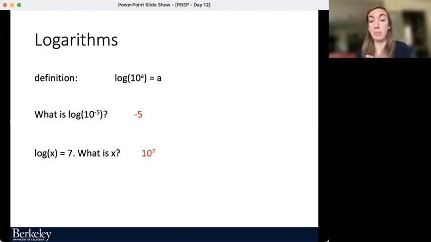If I was doing base 5, then it would be log of 5 to the a is a. So the concept is exactly the same. But we're only doing base 10 here, and that's the most common, and that's what we're going to assume if no one tells us otherwise.